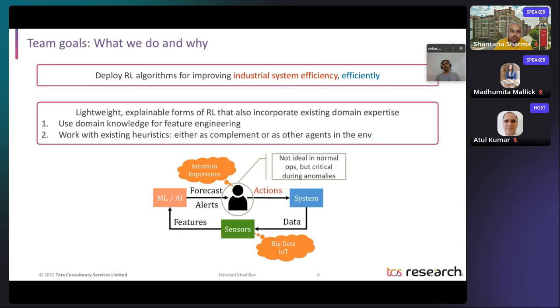While this is useful and valuable, it's not ideal in normal operations because we are looking for things where things go wrong, and that is when the person's intervention is required. But in day-to-day operation, you are not really trying to fatigue or tire the person out.